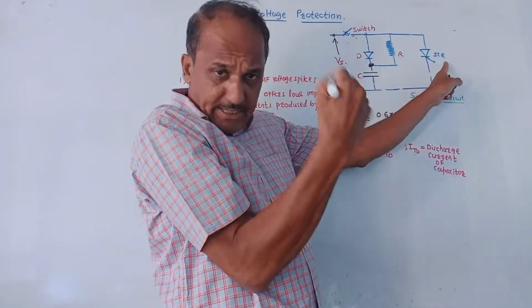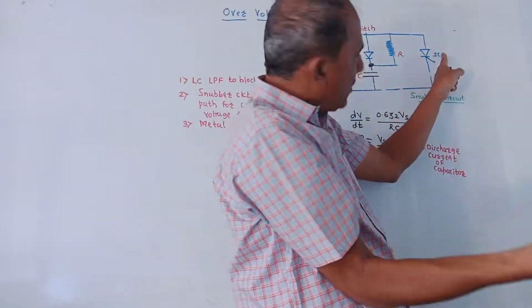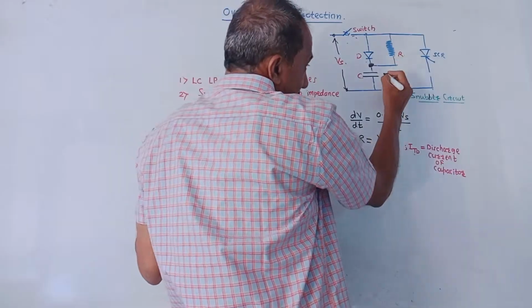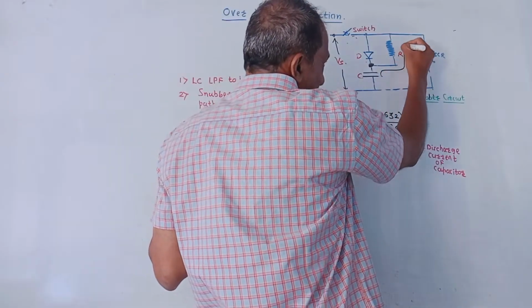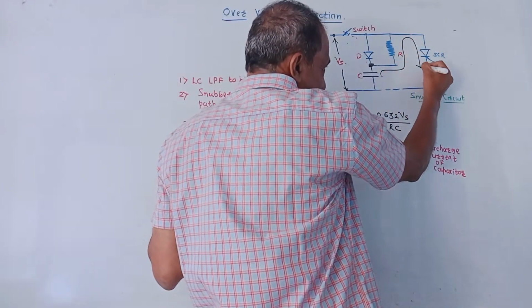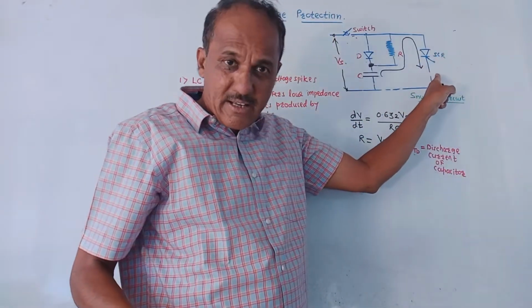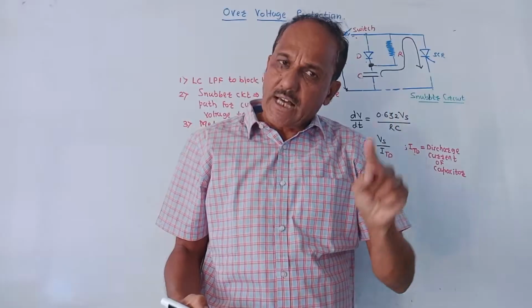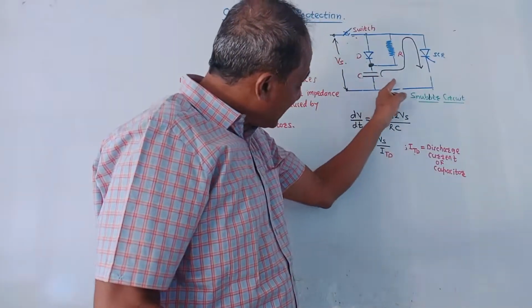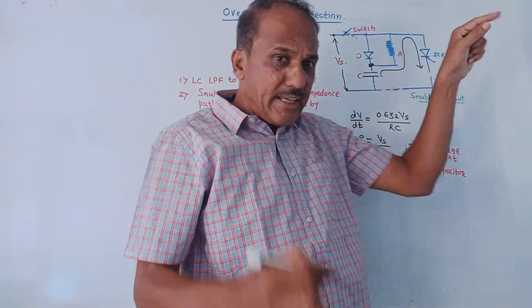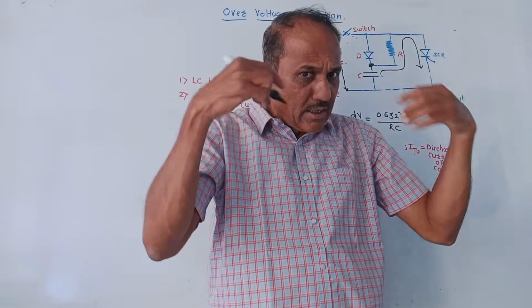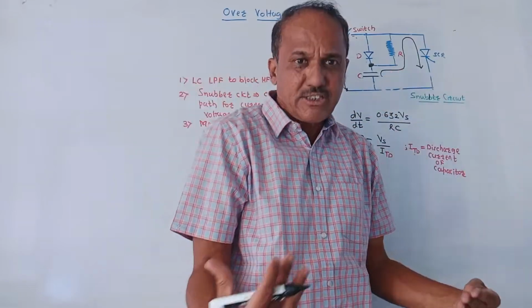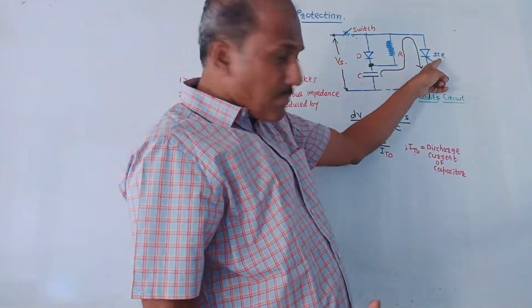Now in the second mode, whenever the SCR is turned on, the capacitor gets a discharge path through this resistor and then gets discharged through the SCR. There is an important role for this resistance R. Whenever the capacitor discharges, sudden current spikes can be generated, which may damage the SCR.